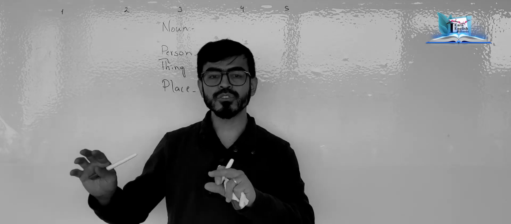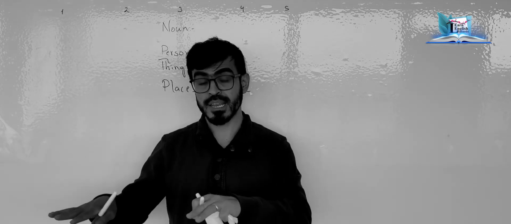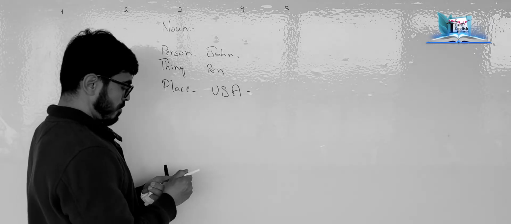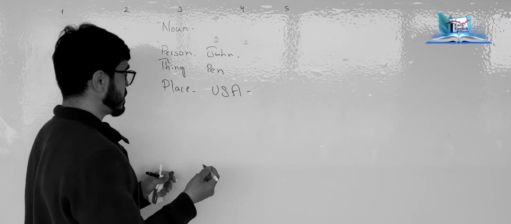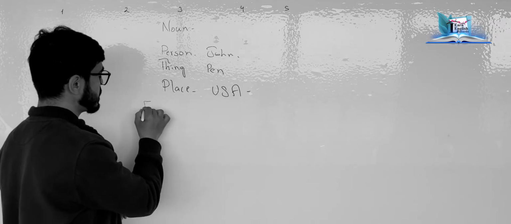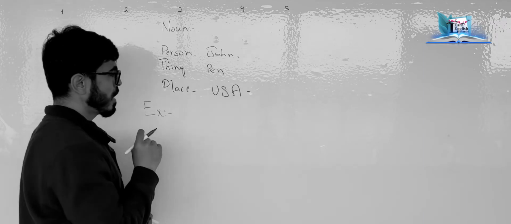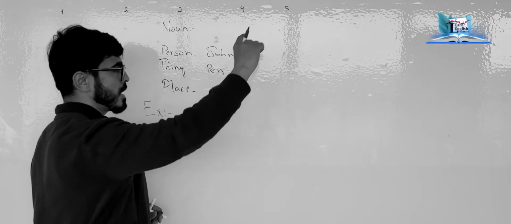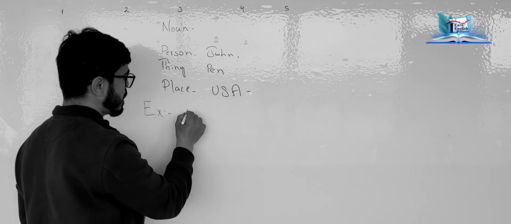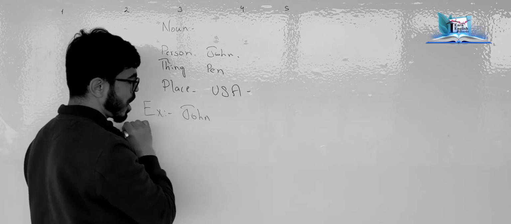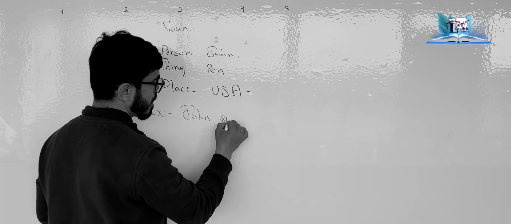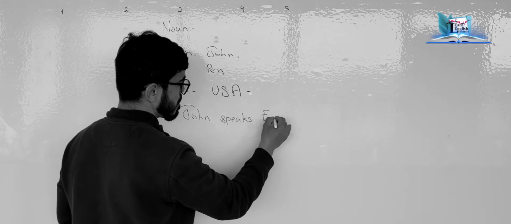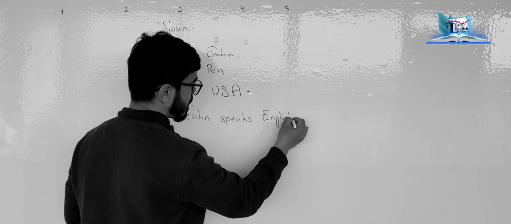Now let's talk about these nouns in a sentence. So suppose that, for example, we can say that here in the sentence, the example is here. First we'll use the person's name, right? Like John speaks English.